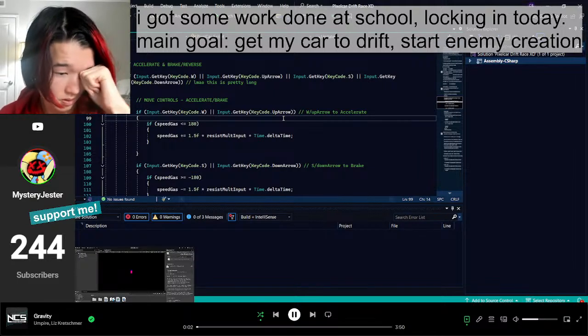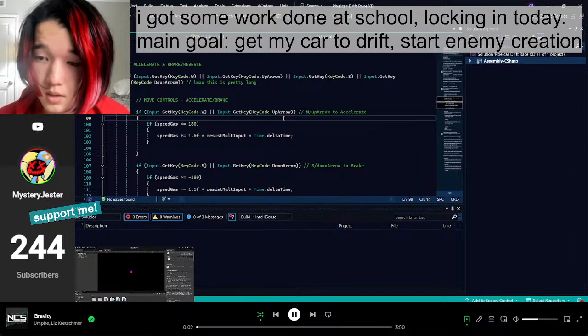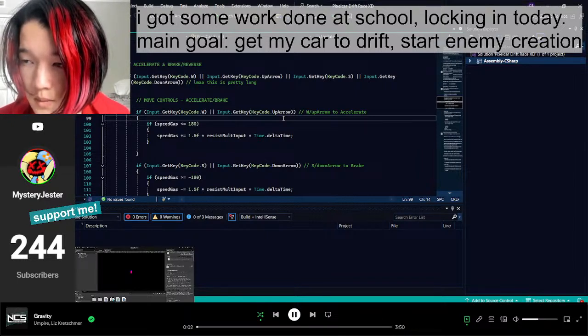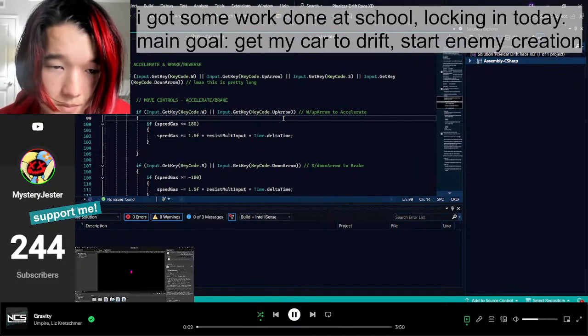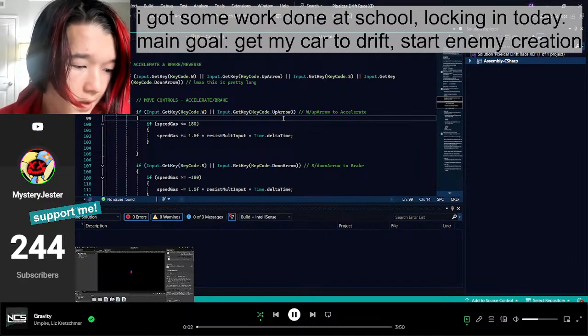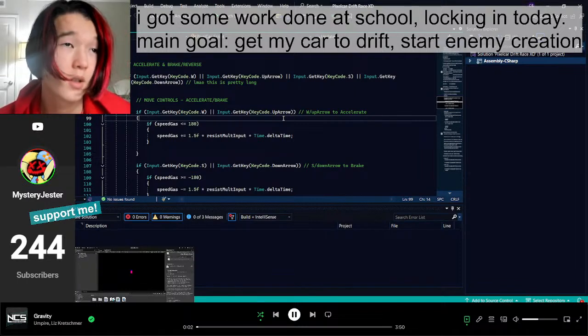So that means I'm gonna have to learn how to calculate magnitudes. Okay. Because they're two different forces acting against each other. Okay, that makes a lot more sense.